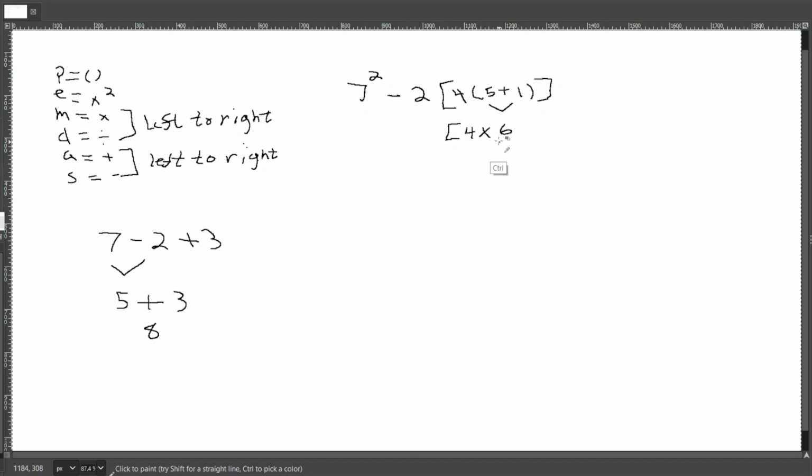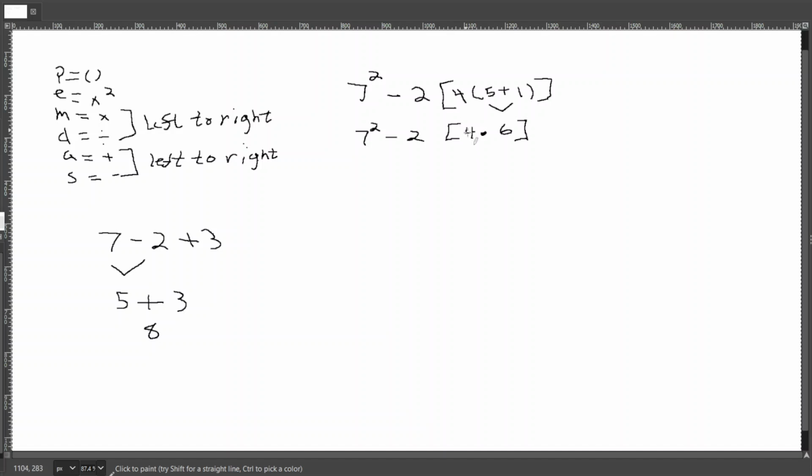I could write this as times because it's 4 times 6, or I could write it as 4 parentheses 6, right? Then I drop everything else down. So really slowly, all I did was add these numbers and drop everything down. It is 4 times this parentheses, so whatever the result is in the parentheses, it's multiplied by 4, sorry.